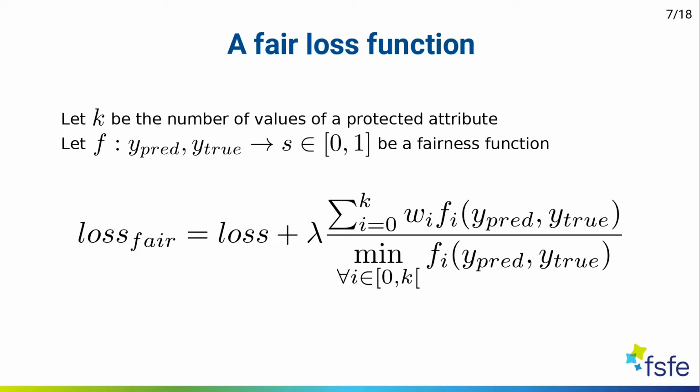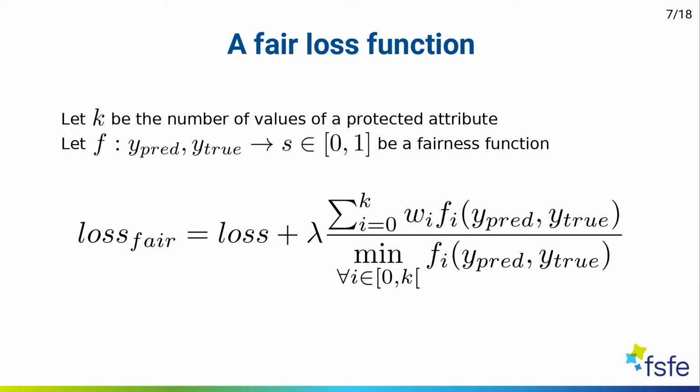To create a loss function that is fair, I add to this regular loss value. This value comes from a function. This function tells if a result is fair or not from the predictions of the algorithm. So what you do is you sum the result of this function for all possible values of a protected attribute.